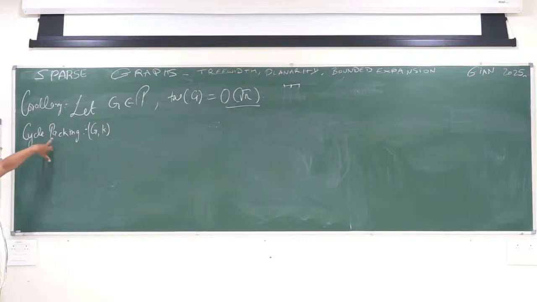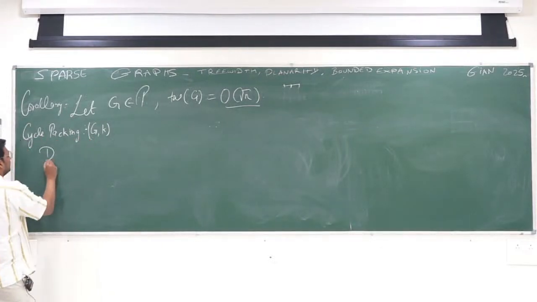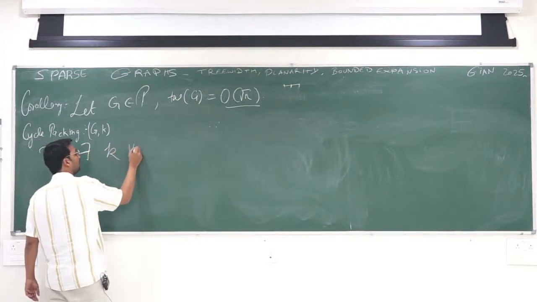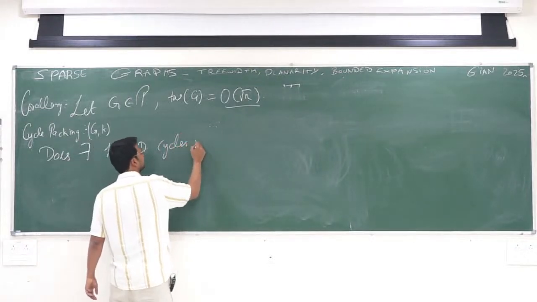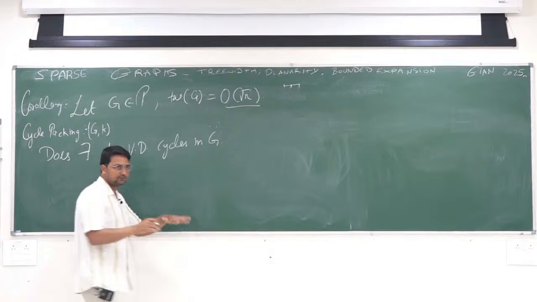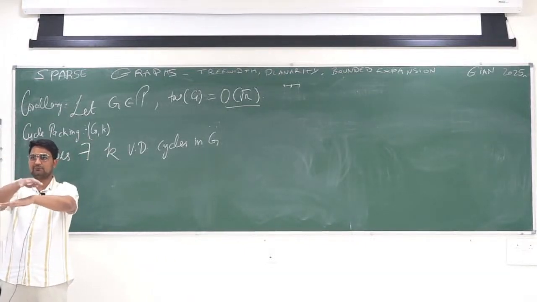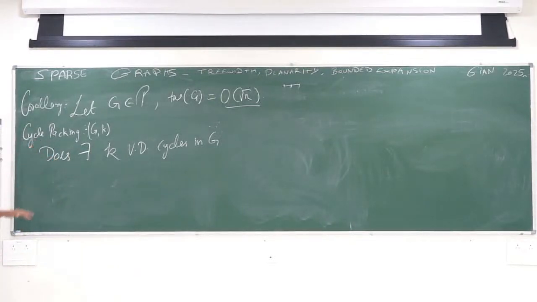What it asks is: does there exist K vertex disjoint cycles in G? Vertex disjoint cycles means there are K cycles such that none of them intersect at vertices.